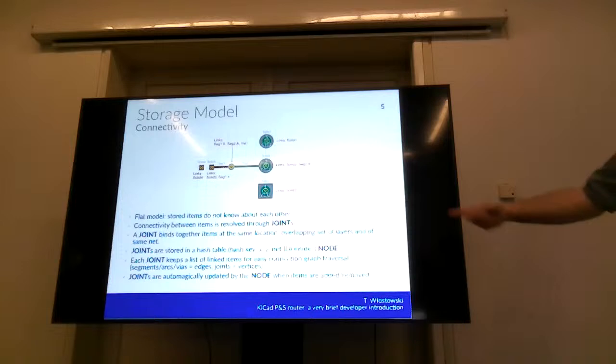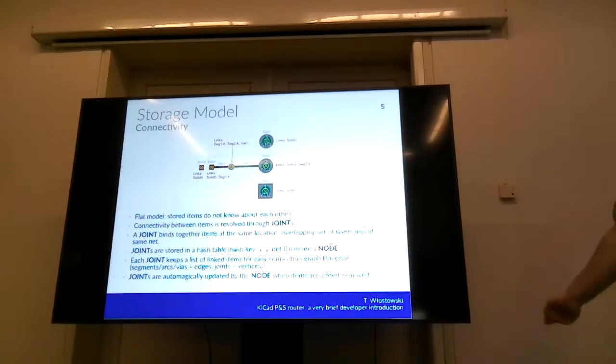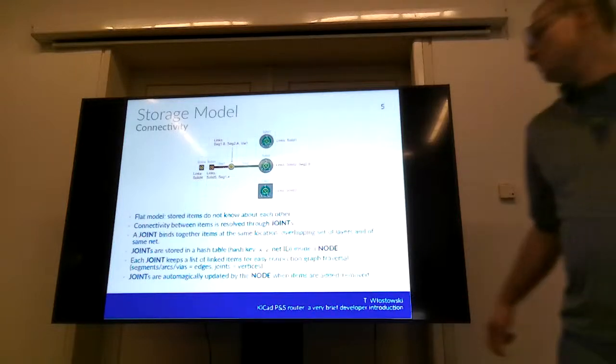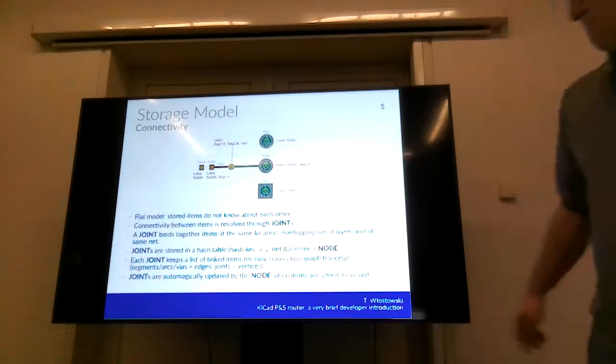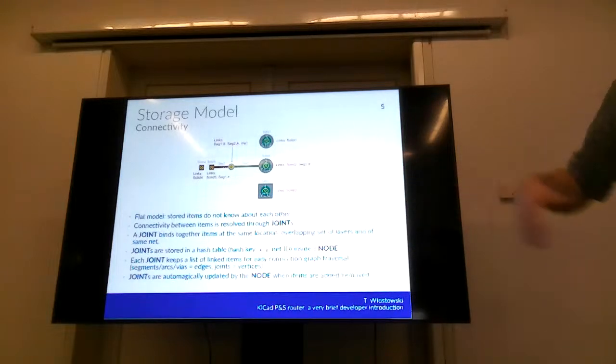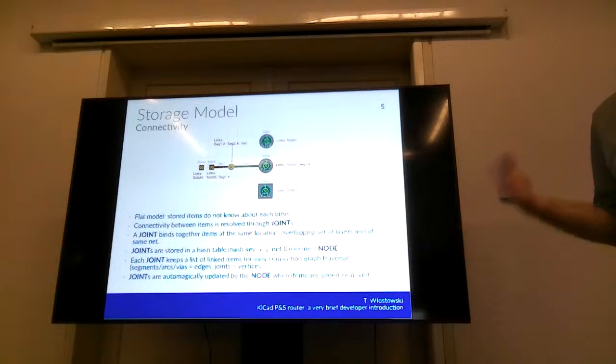There is a hash table, and each joint internally has a list of items linking to it, so that you can do a linear time connectivity graph traversal and build all these traces or other geometries. These joints are somewhat of an internal feature of the router. I mean, they are usually not accessed by the user. It's the node that manages them inside.